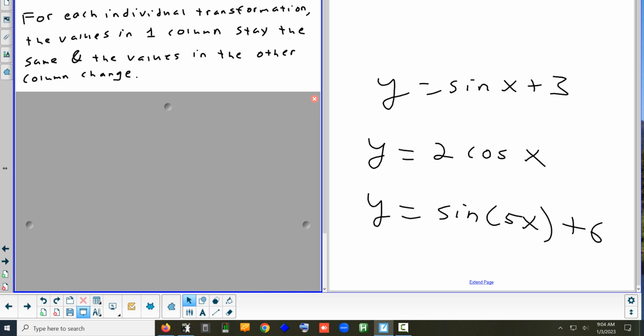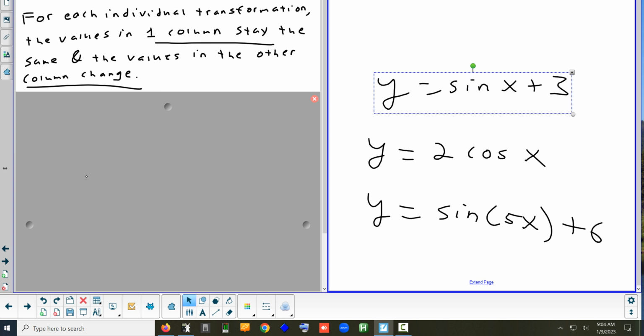And because we're only going to look at 1 transformation per problem, that means 1 column from that original table I just gave you is always going to stay the same, and the other one will change. So let's think about something that shifts up and down. If we shift up and down, think of a coordinate.